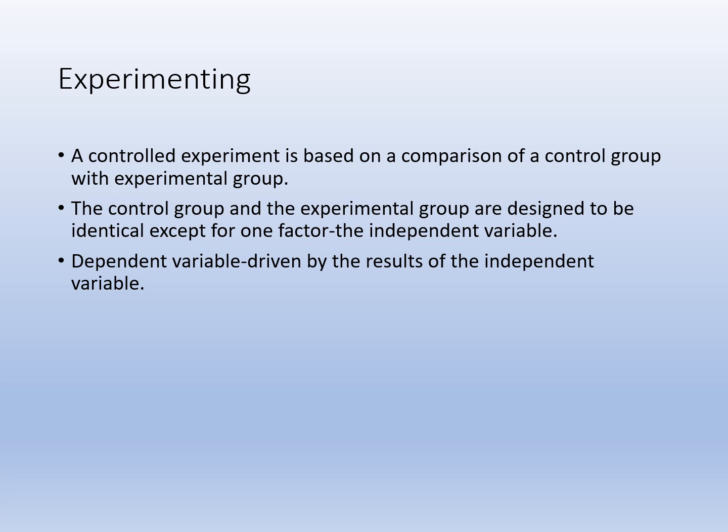You set up a controlled experiment. You set up identical groups. One you do not add fertilizer to, that would be your control group. One you would add fertilizer to, that would be your experimental group. And then the growth of the plants would be the result, or your dependent variable.